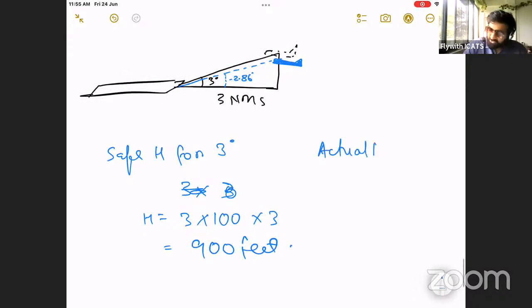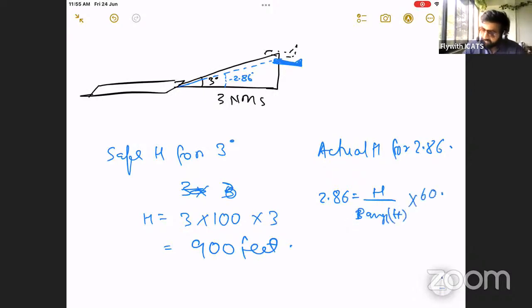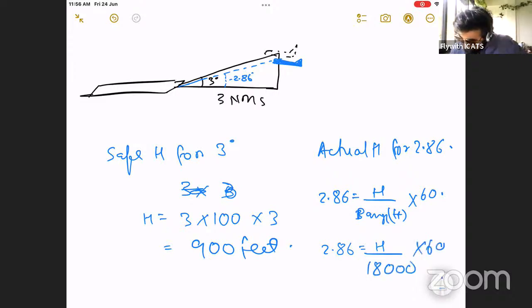My actual height for 2.86. Here I'm going to use the formula. 2.86 is equal to height upon range in feet, into 60. So 2.86 is equal to h upon 3 nautical miles converted into feet, 3 into 6000 feet, so 18000 into 60.